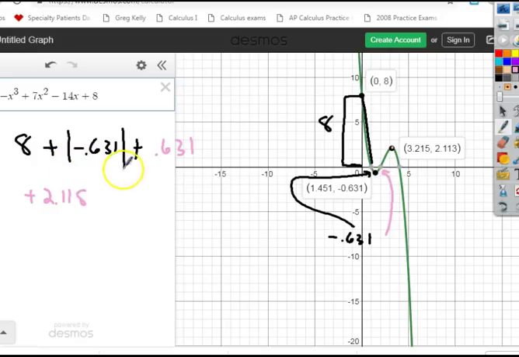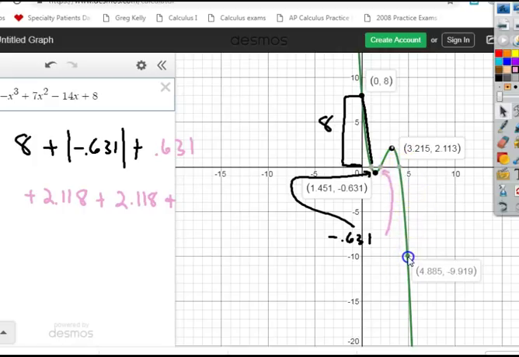Keep in mind those are absolute value symbols around this decimal. And then it goes down the same distance to get back to the axis. So plus another 2.118. And then it dips a good ways from here to where it meets 5.